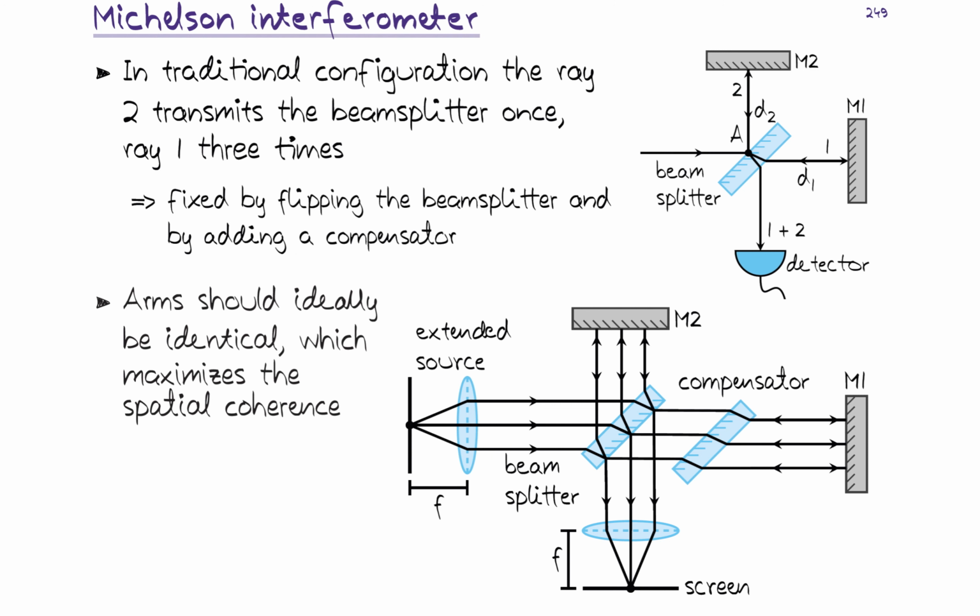This is how things can be improved, and now the arms should ideally be identical, and this maximizes the spatial coherence of my configuration. Please note I'm actually speaking of spatial coherence here, which is what helps when I'm having an extended source. I don't have the time to explain the details of how this is the case, but this is a practical improvement that is being done.